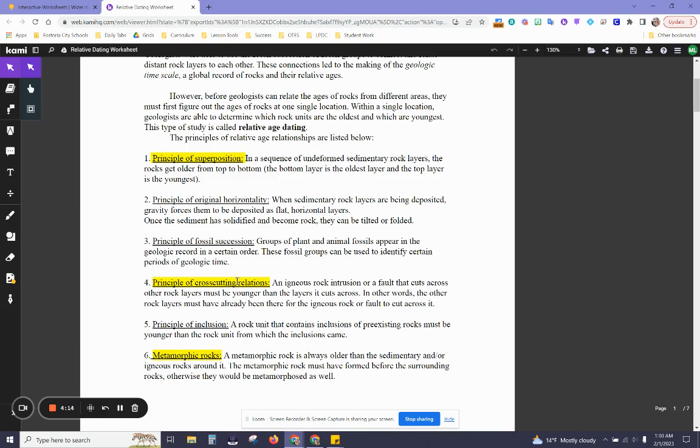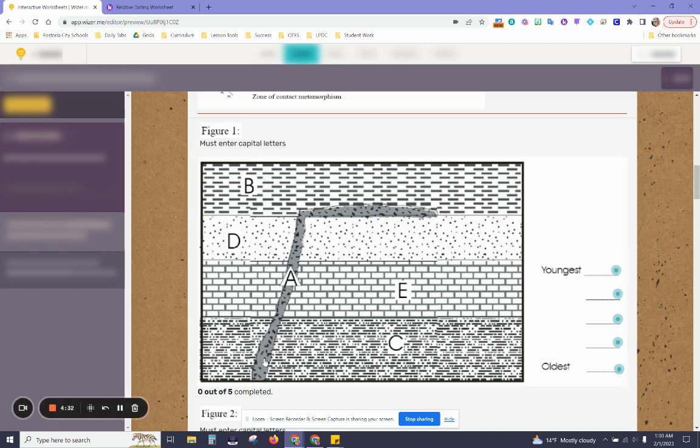Number 4, principle of cross-cutting relations. An igneous rock intrusion or a fault that cuts across other rock layers must be younger than the layers it cuts across. In other words, the other rock layers must have already been there for an igneous rock or fault to cut across it. So if anything cuts across, like this is cutting across these layers, it's automatically younger than those layers.